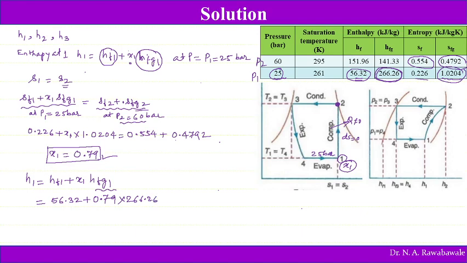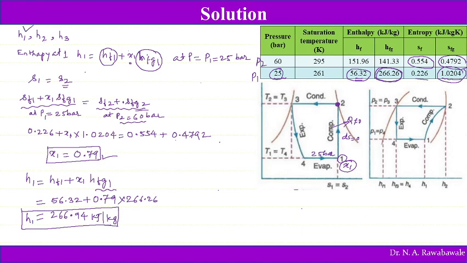So 0.79 into 266.26 plus 56.32, then we get 266.94 kilojoules per kg. So this is H1, one value which was required by us.